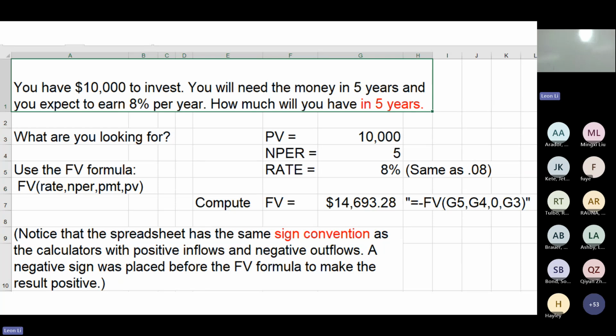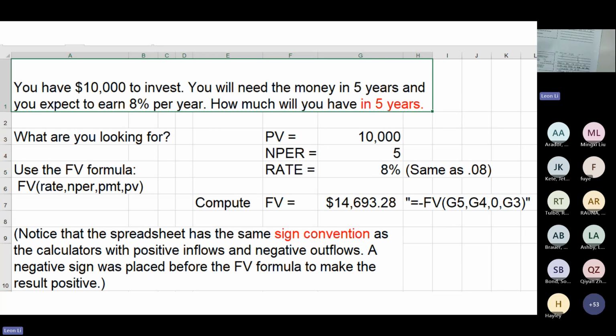You have $10,000 to invest and you need the money in 5 years and you expect to earn 8% per year. How much will you have in 5 years? PV is the earlier money. You have $10,000 today, the number of periods is 5 years, rate is 8%.